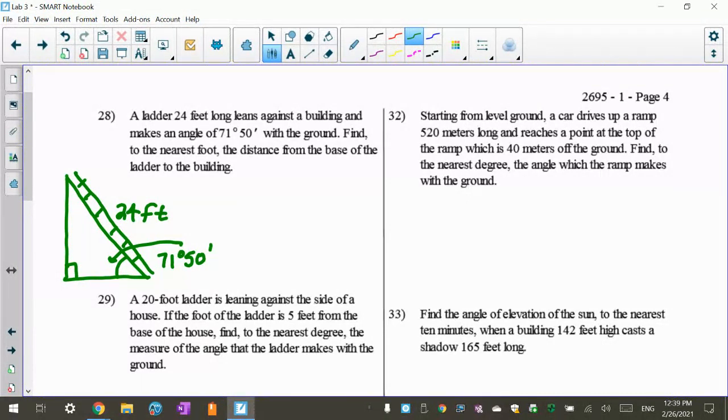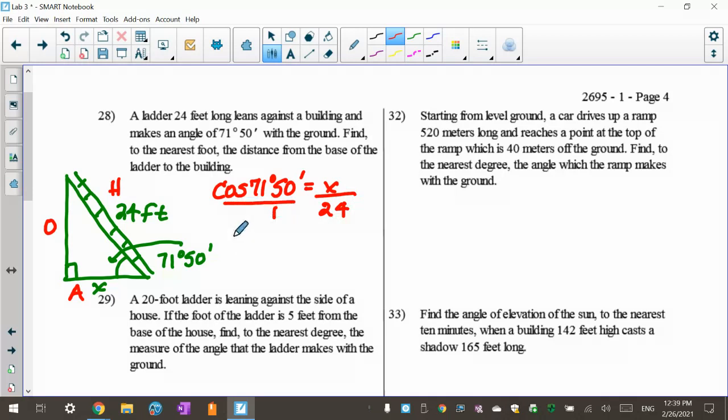And they said find to the nearest foot the distance of the base of the ladder to the building. So they want us to find here. So I'm going to label it HOA, H, O, A. So everything's by A and H. So this is going to be cosine. So the cosine of 71 degrees 50 minutes is going to equal x over 24.